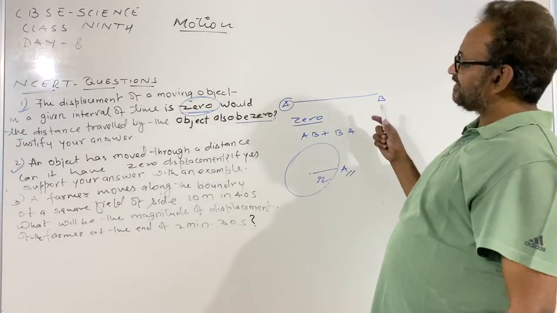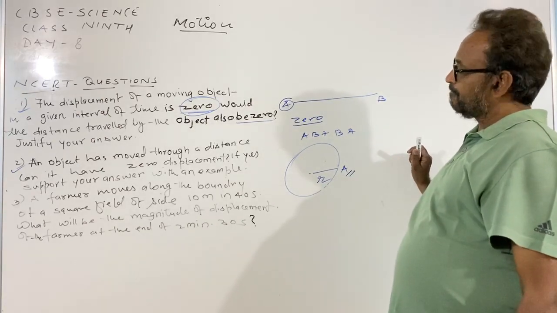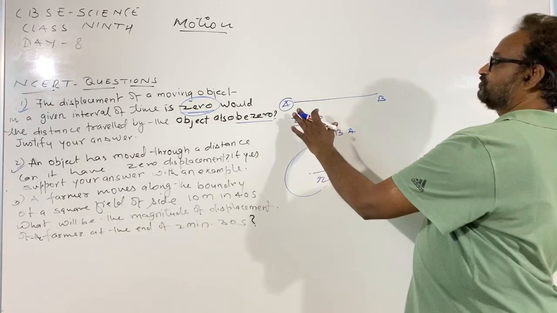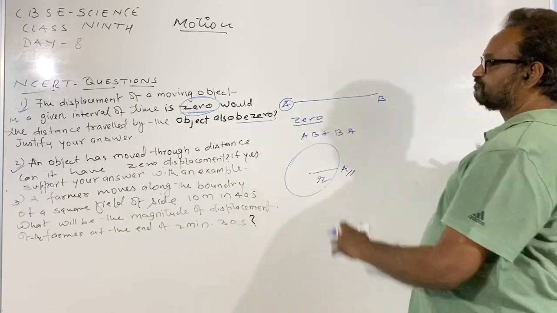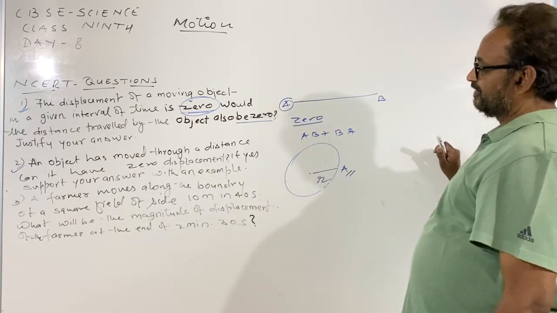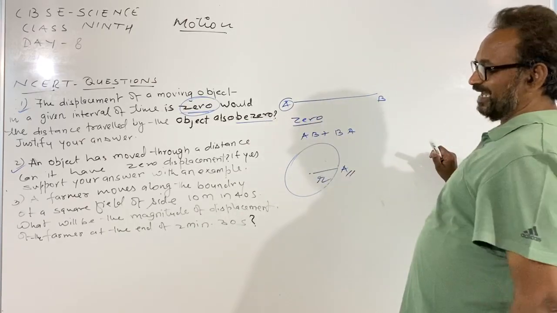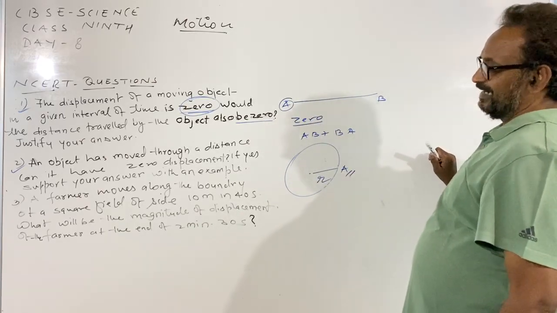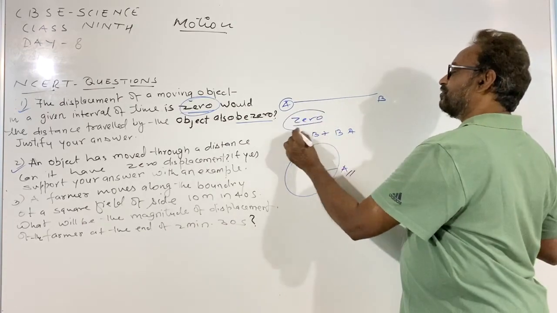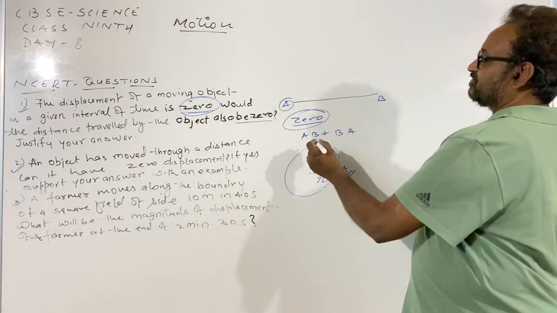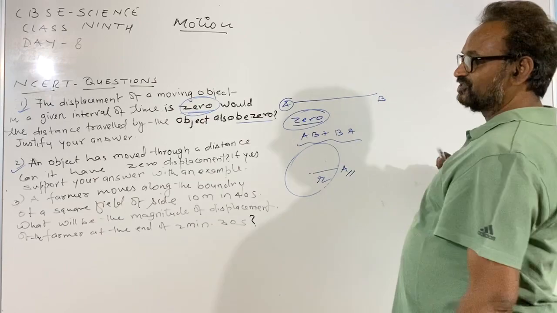We will take this example again. When the body moves from A to B and returns back to the initial position A, its displacement is 0, but the distance travelled by the body is not 0.